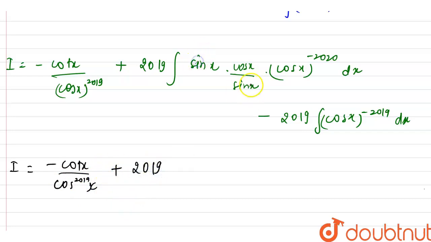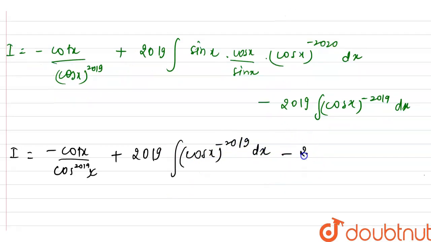This sin x will cancel out this sin x, and it is minus 2020 with cos x, so it will be minus 2019. So I can write this as the integration of cos x raised to the power minus 2019 dx, minus 2019 integration of cos x raised to the power minus 2019 dx.